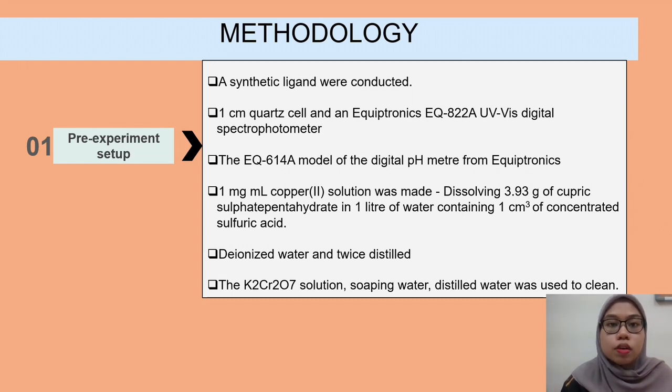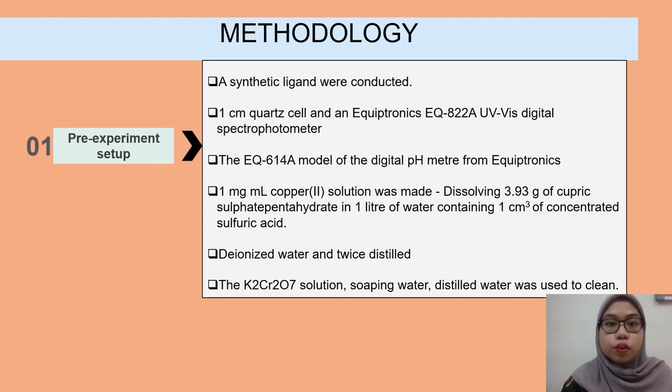A 1 mg copper solution was made by dissolving 3.93 gram of cupric sulfate pentahydrate in 1 liter of water containing 1 cm³ of concentrated sulfuric acid and standardizing by titration technique. Water that has been deionized and twice distilled was used in all of the tests.